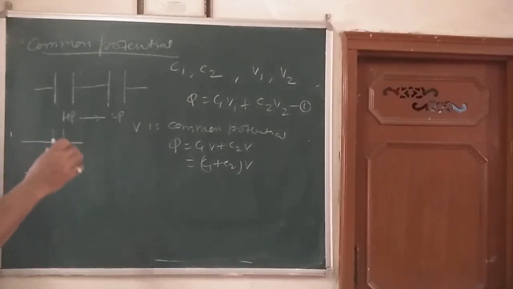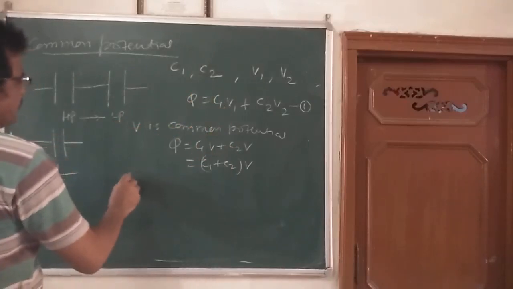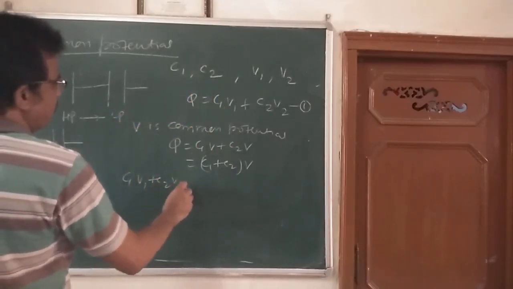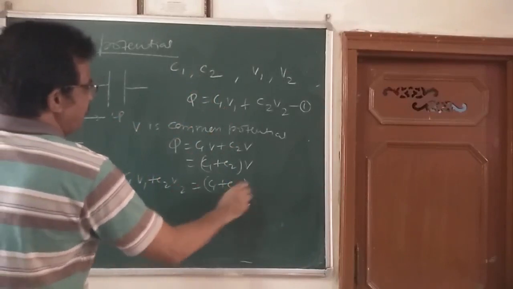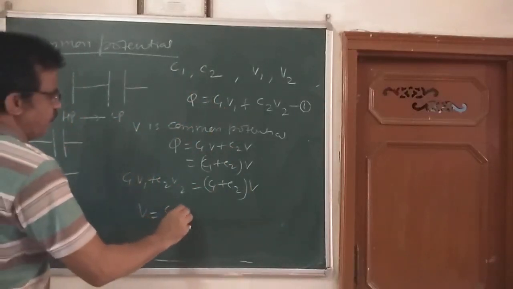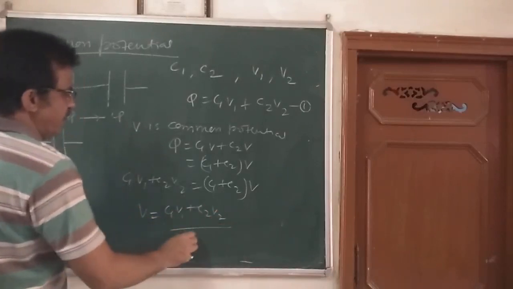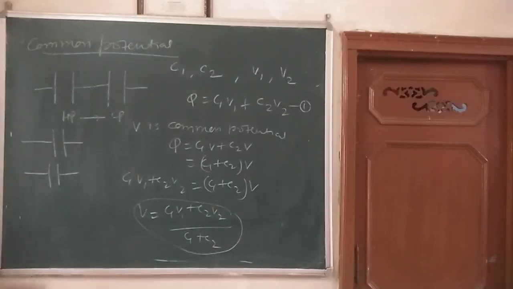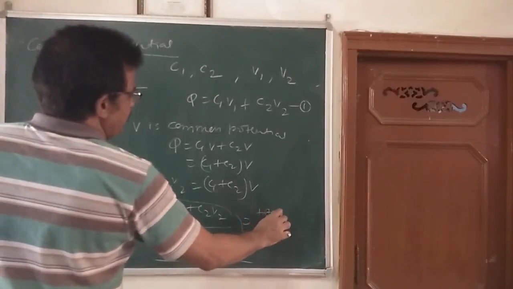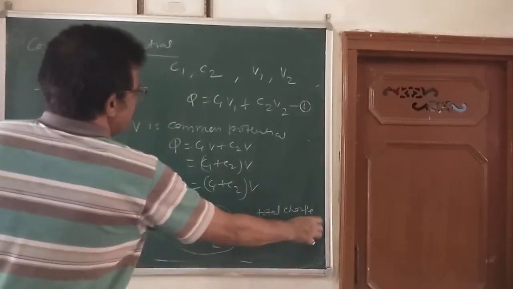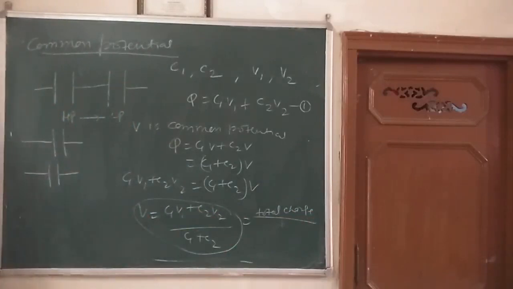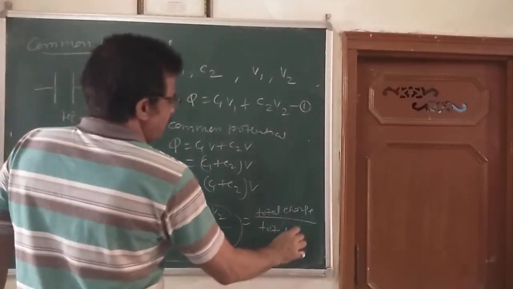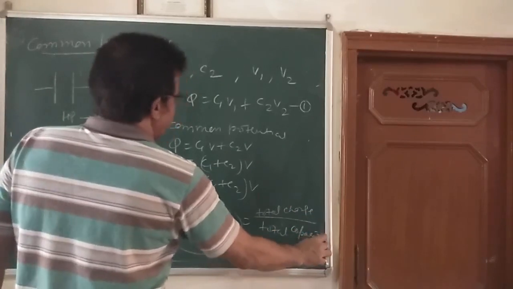So in the process of sharing, जब चार्ज लॉस नहीं हो रहा है तो दोनों इक्वेशंस इक्वल होंगी. C1V1 plus C2V2 is equal to (C1 plus C2) into V. So V comes out to be (C1V1 plus C2V2) divided by (C1 plus C2). So common potential is equal to total charge divided by total capacity. Okay, so this is the formula here.